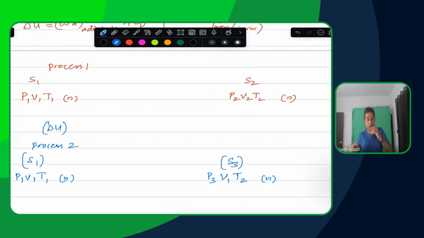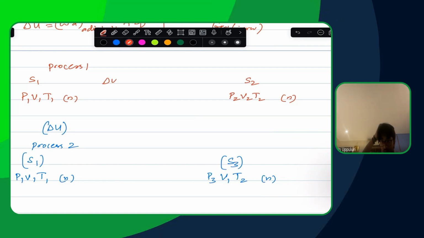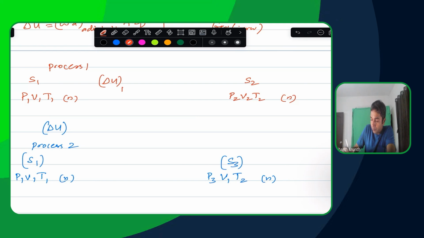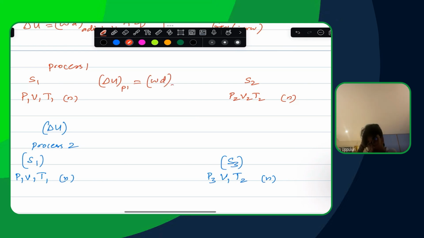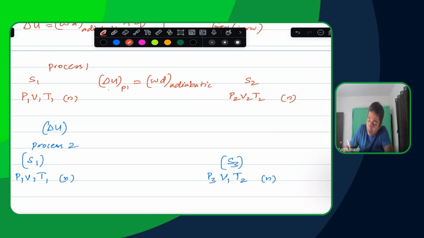Okay. Now, what is delta U for process 1? Delta U for process 1 can be effectively written as work done adiabatic. Correct? Yes. Delta U for process 1 is internal energy, correct?